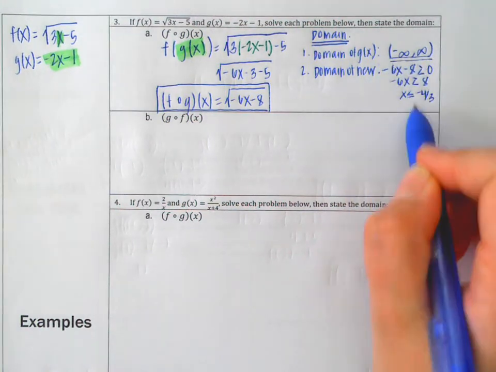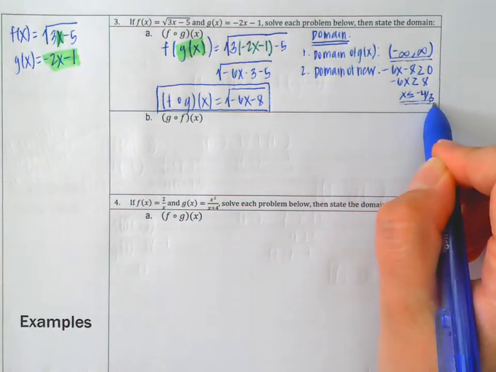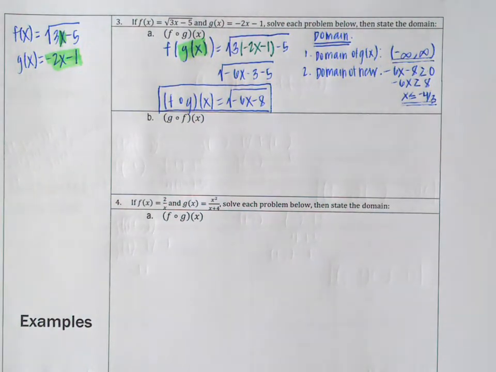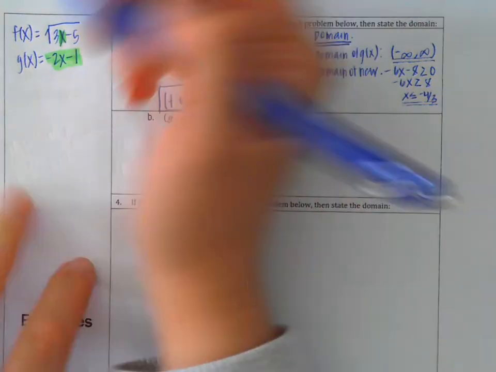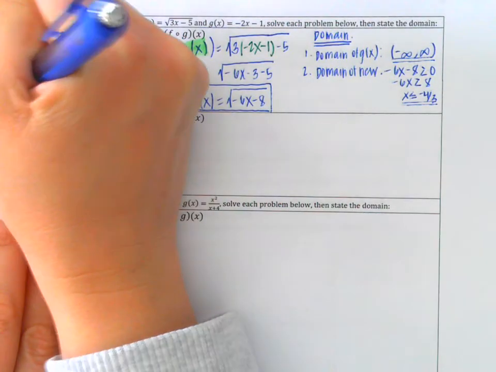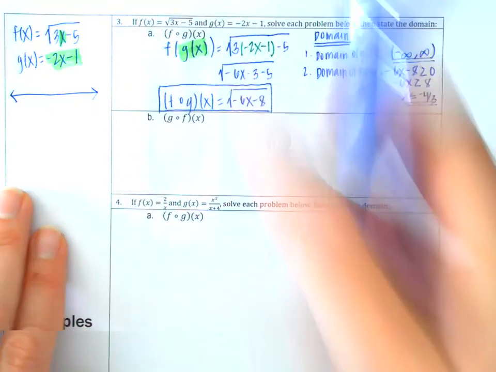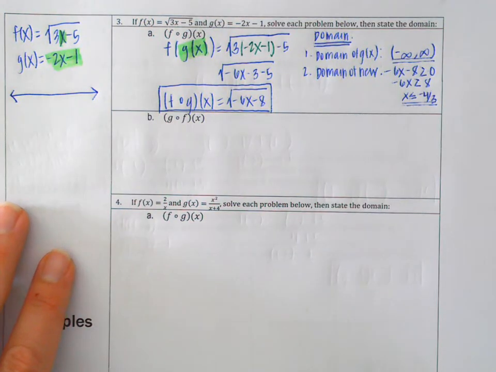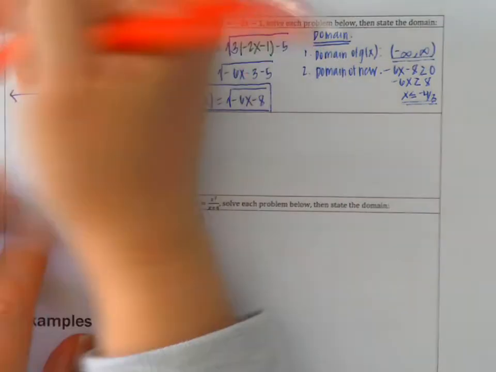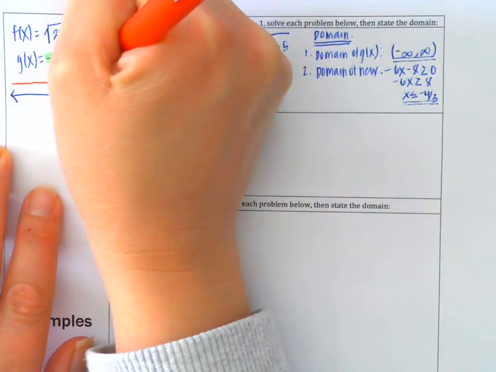All real numbers, and x has to be less than or equal to negative 4/3. So how can I write that combined? If we think about it in terms of a number line, the first one says it can be all real numbers, any number possible.